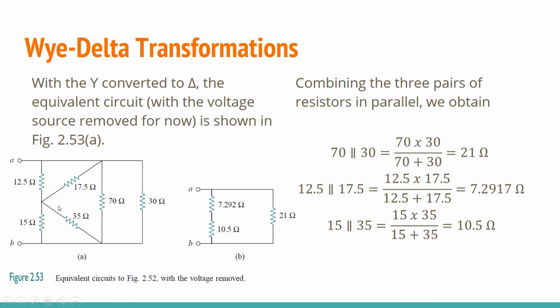So in figure 2.53a with the voltage removed, we have the simplified 7.5 ohms, 35 ohms, and 70 ohms.